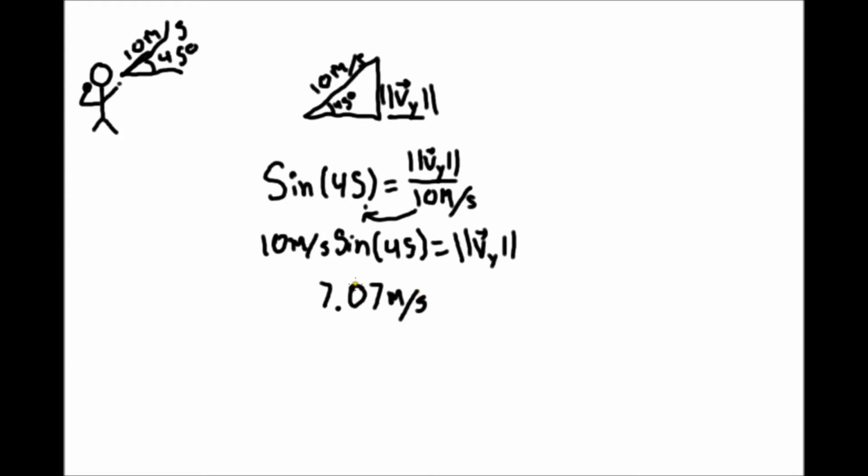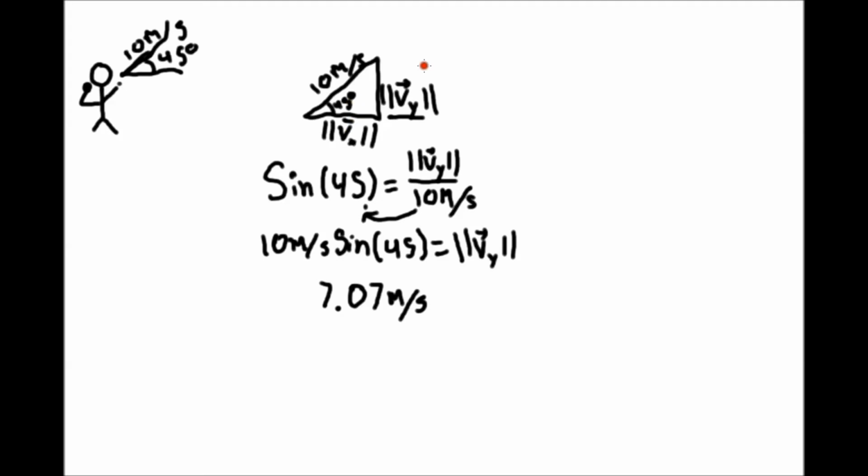So, next, we're going to try to find the velocity on the x-axis. Okay? So how do we do that? We could use opposite over adjacent, but I think it'd be easier to do cosine.